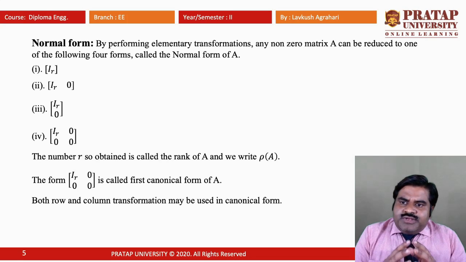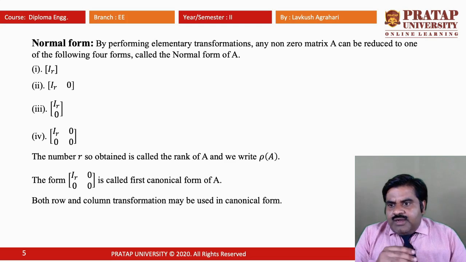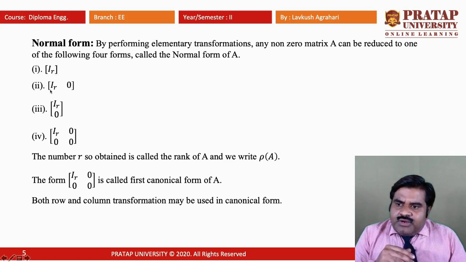Another way of calculating rank is the normal form. If we perform elementary transformations, any non-zero matrix A can be reduced to one of the following 4 forms, which are called the normal forms of A. Like we have I_r, that means the whole matrix is an identity matrix.